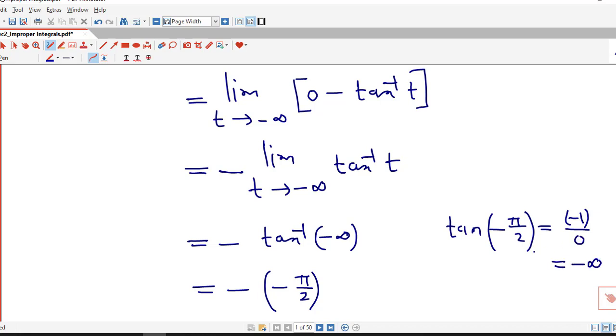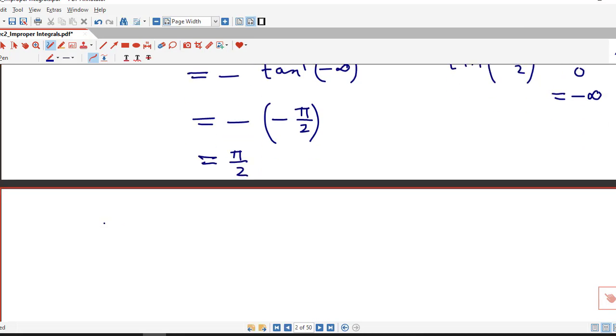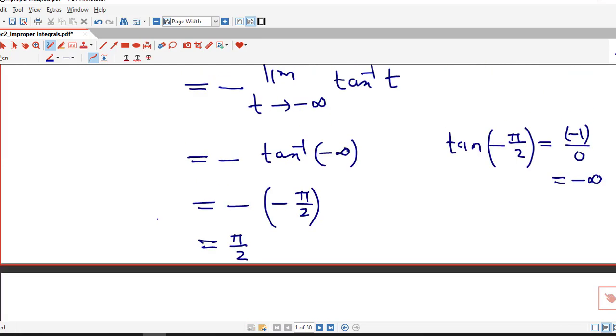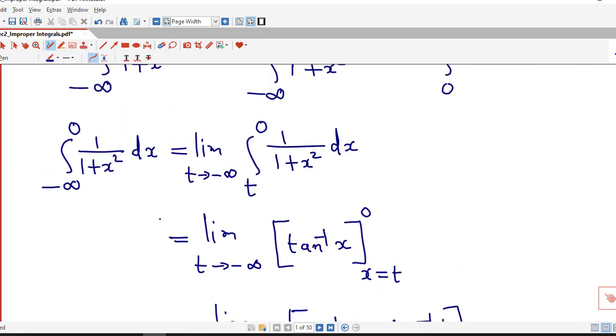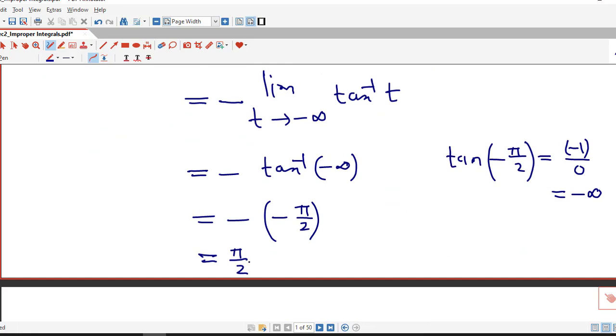So tan of minus pi by 2 is minus infinity, that means tan inverse of minus infinity is minus pi by 2, and the limit is pi by 2. Therefore the first integral, minus infinity to 0 of 1 over 1 plus x square dx, is convergent because it has the finite value pi by 2.